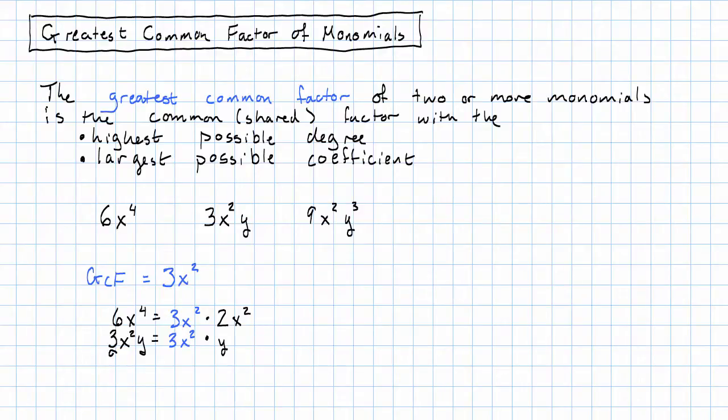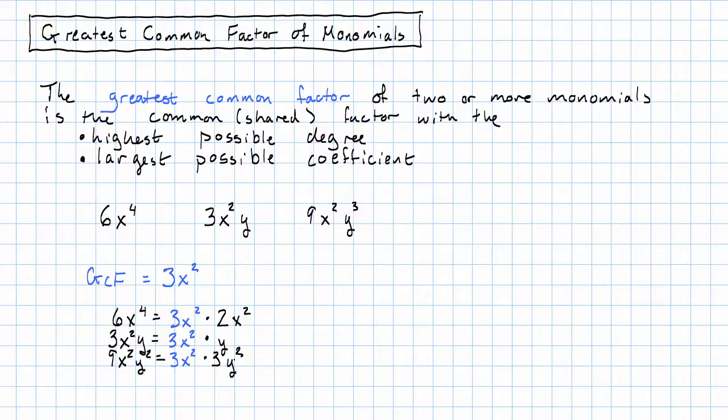And finally, 9x squared y cubed. That'll be 3x squared times, what would I need to multiply that by? 3 times 3 is 9. X squared times y cubed is x squared y cubed.